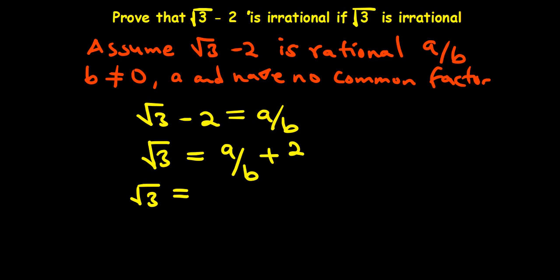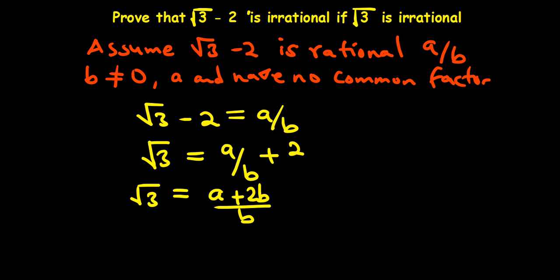With b being the common denominator, b into that I have 1 and multiplies a, and then there I have 2b. So I have root of 3 now equal to a plus 2b divided by b.